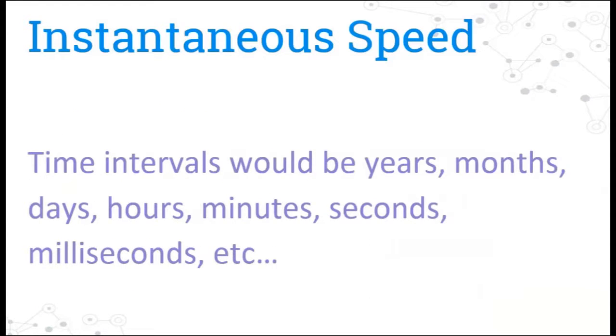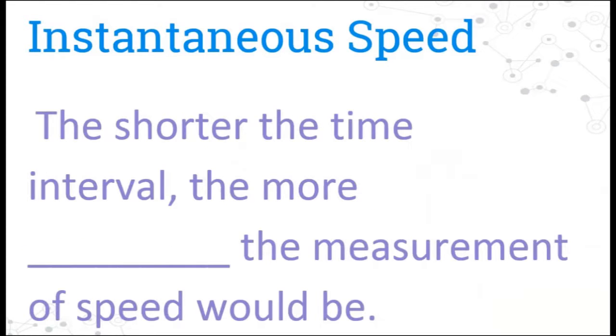So time intervals would be anything from years to months, days, hours, minutes, seconds, milliseconds, nanoseconds, basically anything that keeps track of time. So instantaneous speed is taking measurements of the distance traveled in short intervals and tracking the amount of time that it takes for the object to cover that distance.